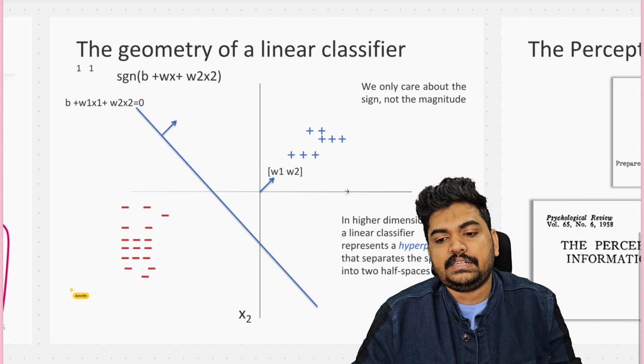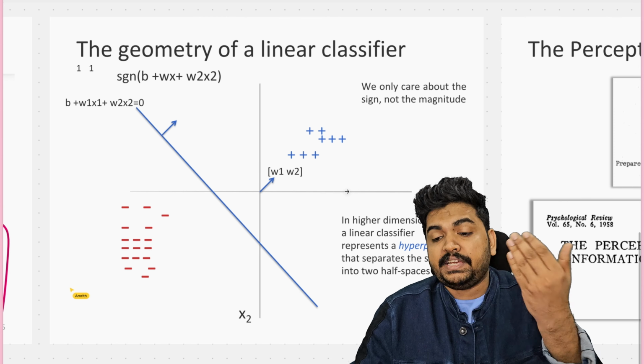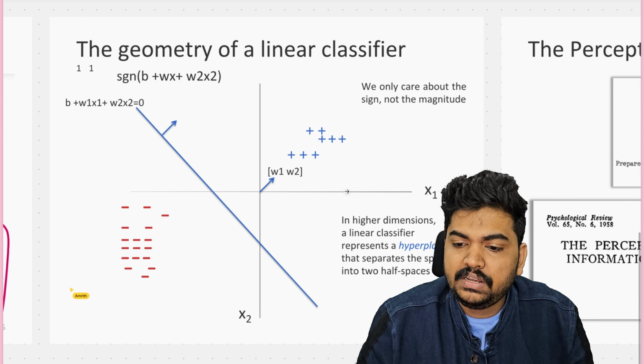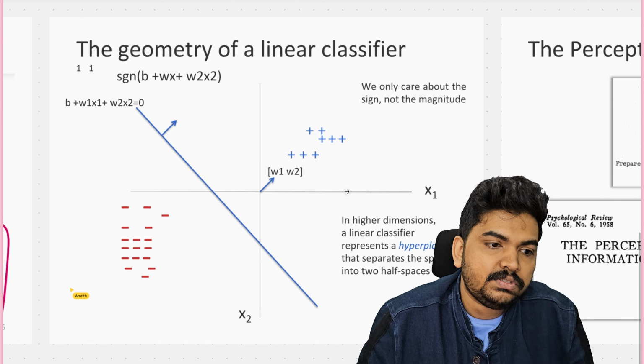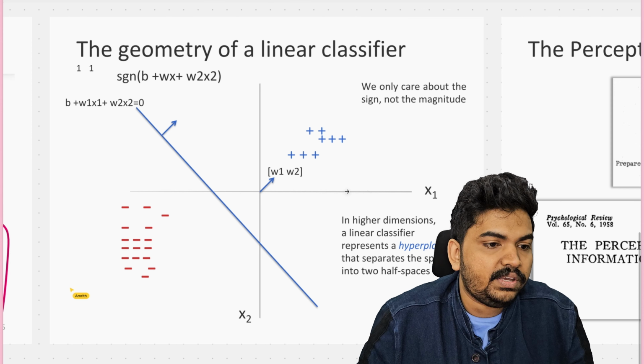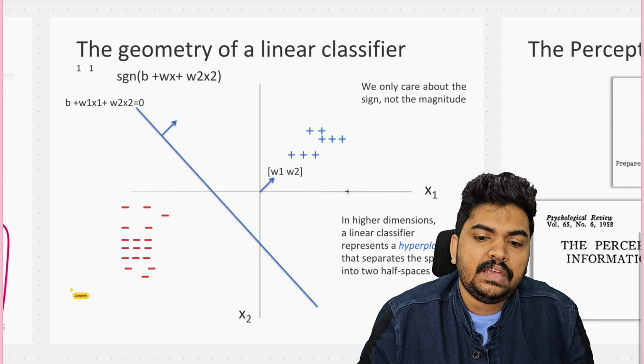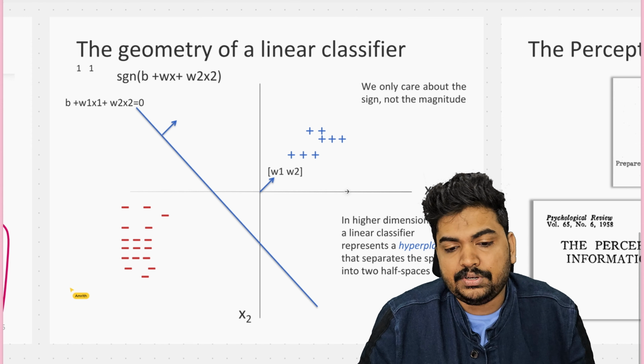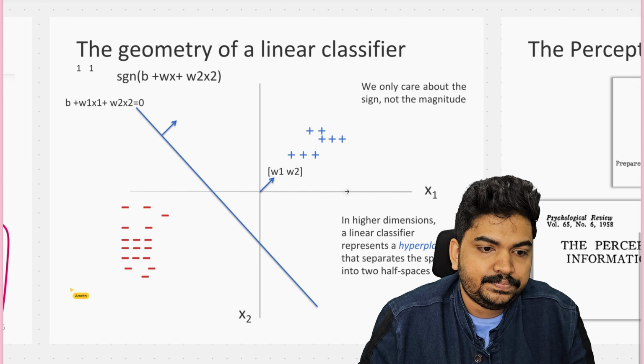Or I should correct it by saying that a d-1 dimensional hyperplane forms the separator or the classifier in a d-dimensional space, and naturally for a two-dimensional space, a one-dimensional line forms the separator.